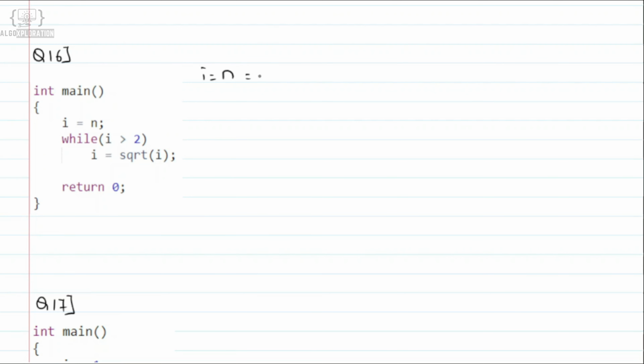Now we can write square root of n as n raised to 1 by 2. So we will do the square root of n, so it will become n raised to 1 by 2.